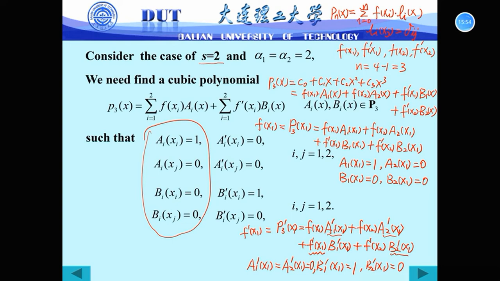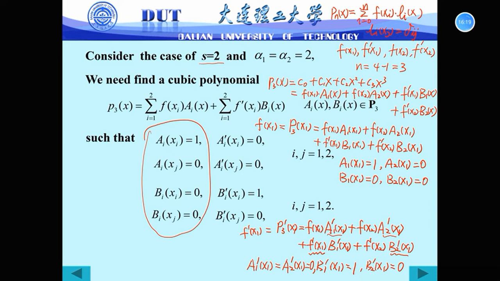And also, if you will use the Hermite interpolation by derivatives in your research, I hope you can know this method. Of course, for examination, I don't test you on Hermite interpolation.